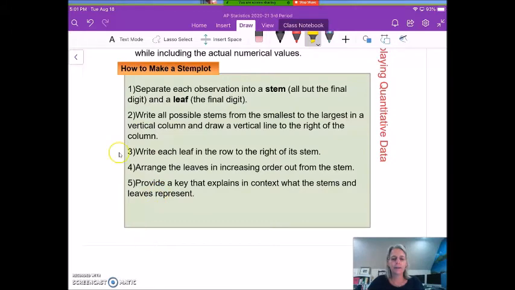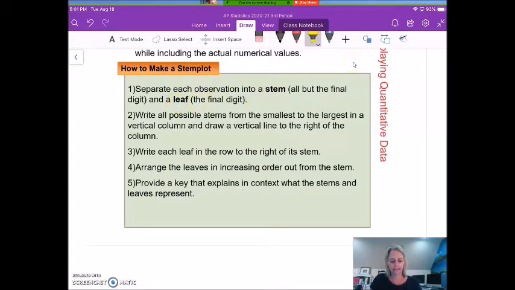Okay, you definitely want to read in your textbook about how to make a stem plot. This is something that people have seen before usually, and usually are pretty good about reading a graph when they're given a stem plot, but when it comes to actually constructing a stem plot, people make a lot of mistakes. One of them is deciding what should be the stem and what should be the leaf.